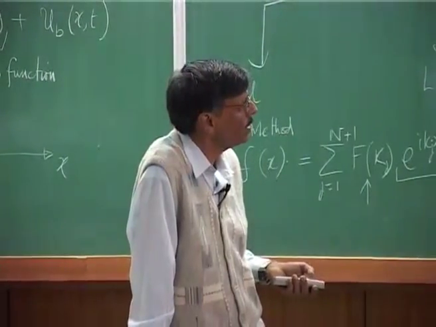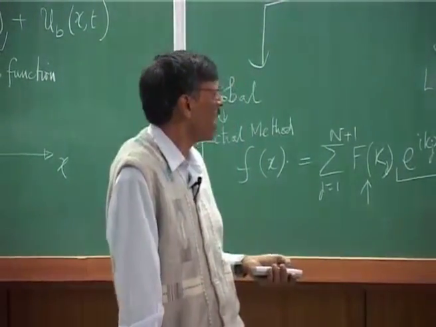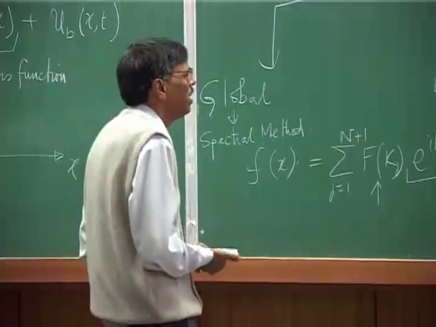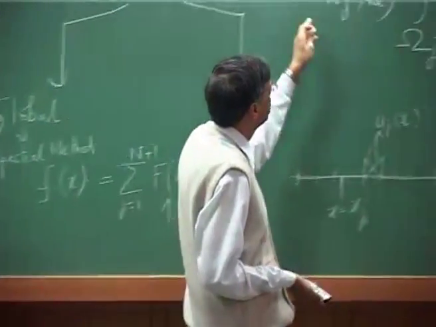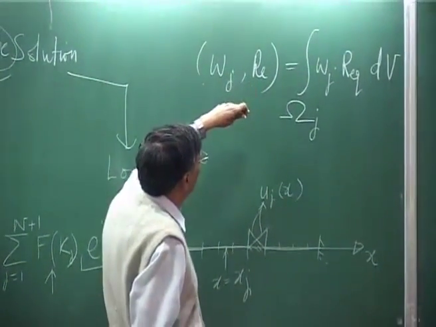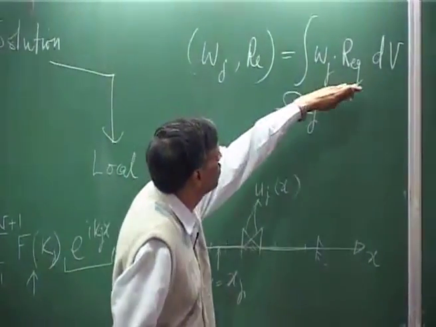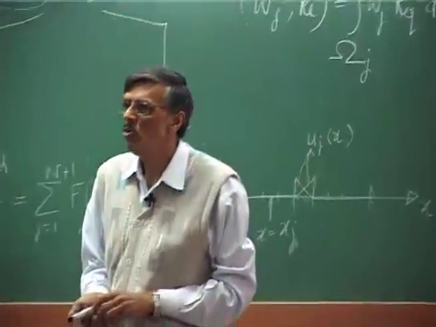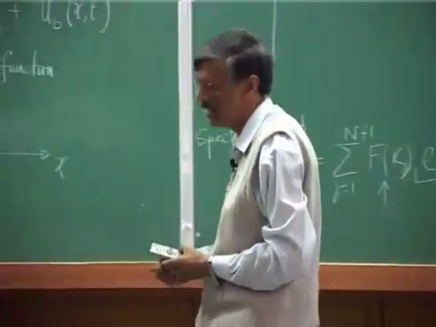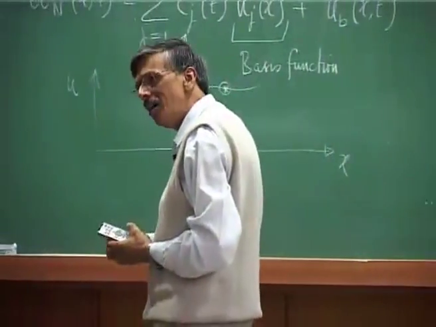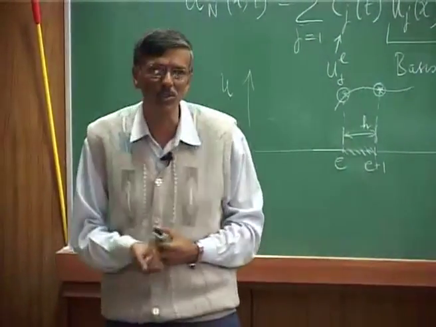Okay. So whenever we satisfy the equation residue in an approximate manner, this is what is called a weak form of the solution, right. Whereas, if you look at the finite difference method, what do we do there?